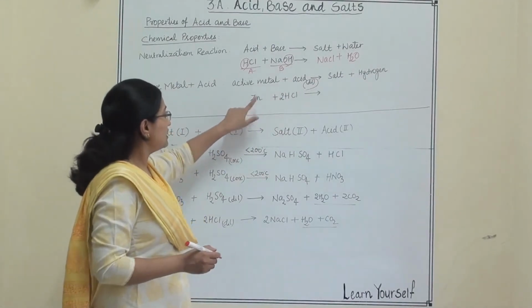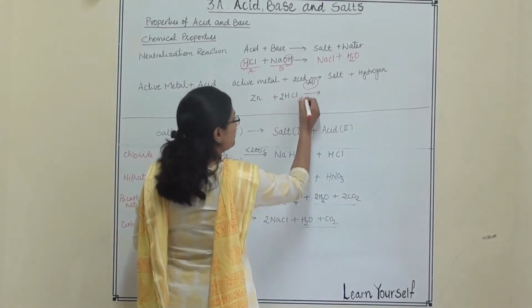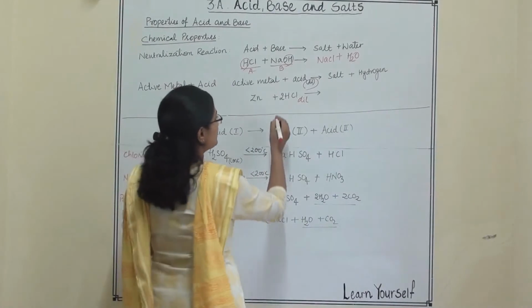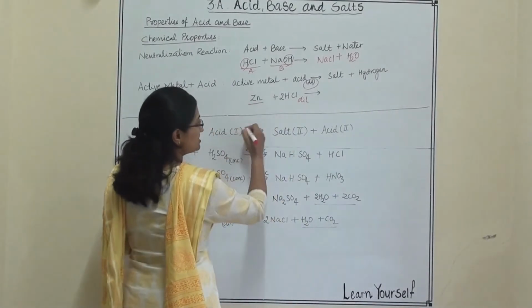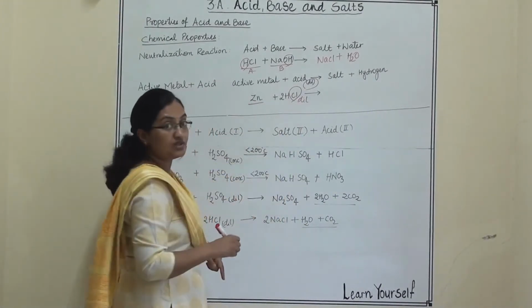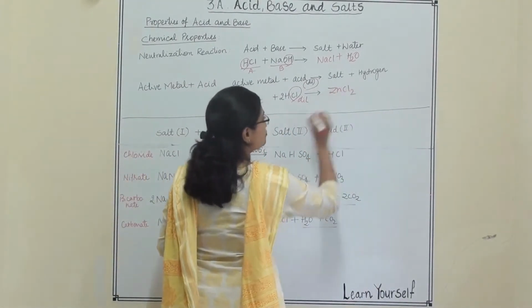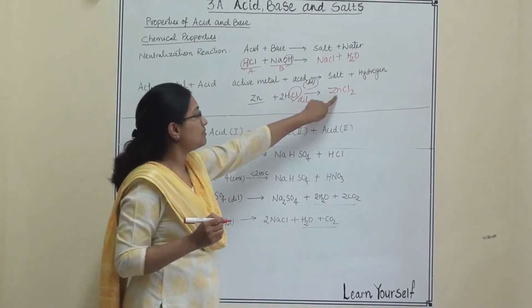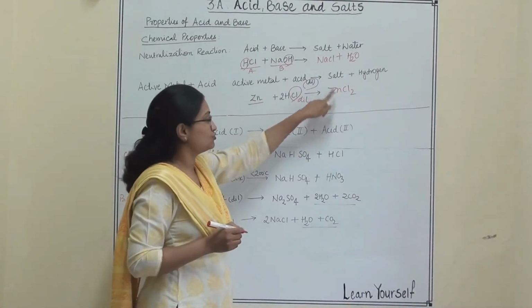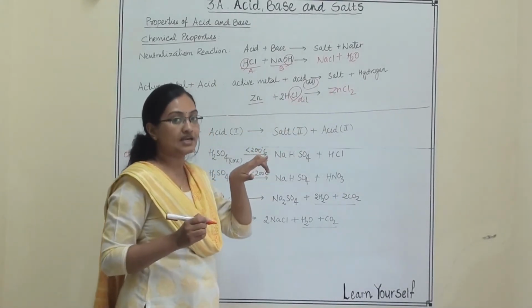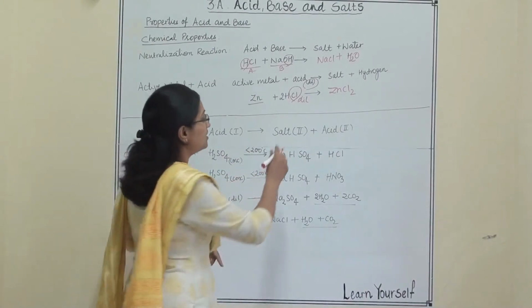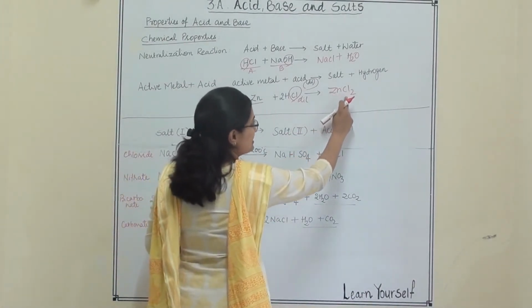So zinc plus dilute hydrochloric acid will give us, again, zinc is a positive radical and will react with Cl. It will be ZnCl2, because zinc's combining capacity is +2. So they will interchange the combining capacity by the crisscross method. So here it will be ZnCl2.